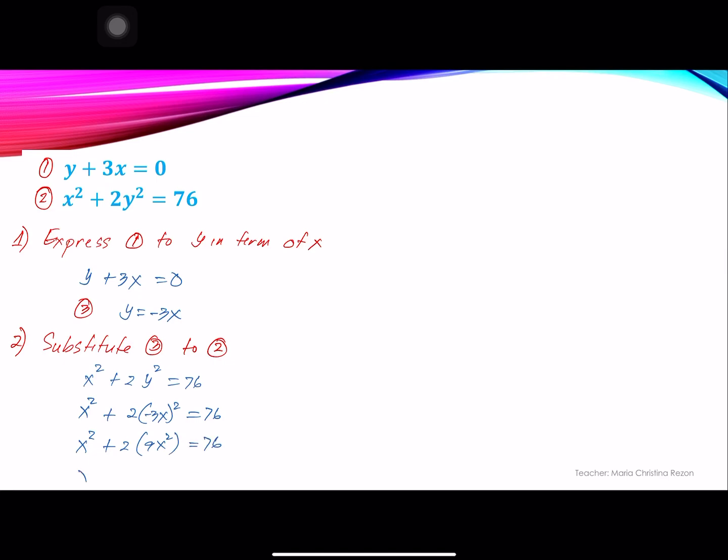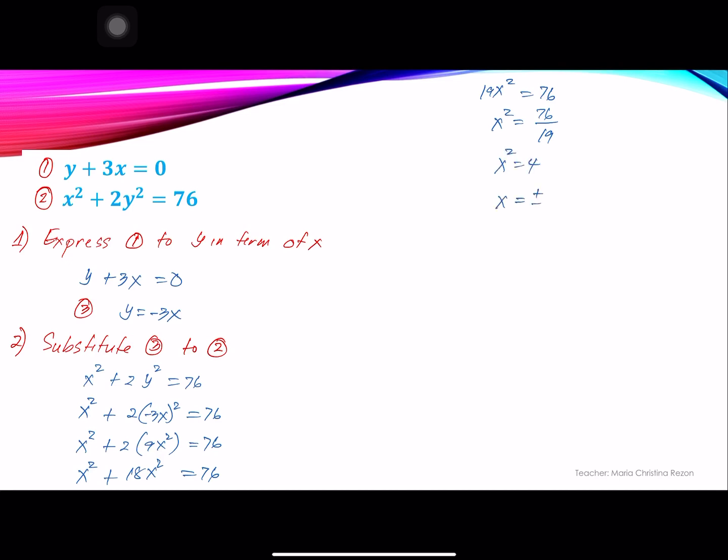And then you will have x squared plus 18x squared is equal to 76. Combine like terms, that gives you 19x squared is equal to 76. So x squared is 76 over 19, and that is x squared is equal to 4.